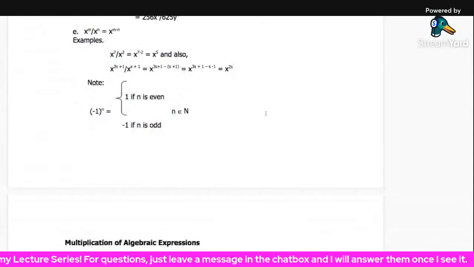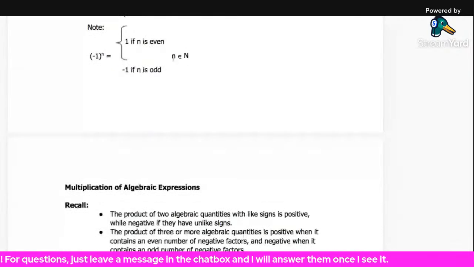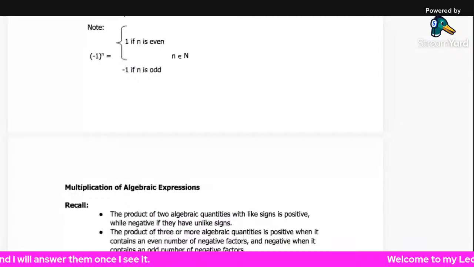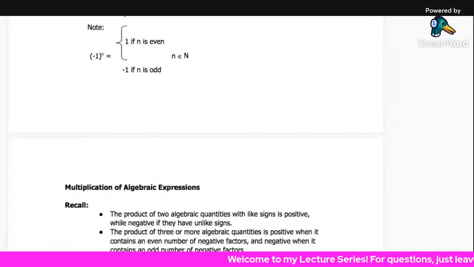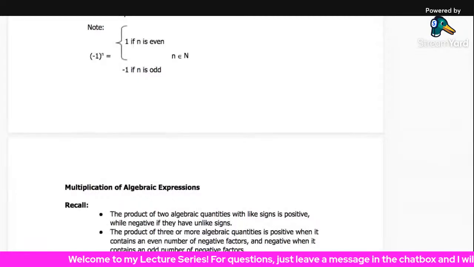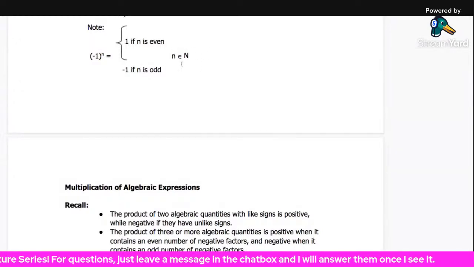This is for all n, an element of the natural numbers. When we talk about natural numbers, these are your counting numbers, which are integers that usually start from 1: 1, 2, 3, 4, 5, 6, 7, and 8. Why do we have this restriction? If we do not have this restriction, n can take the form of a fraction.